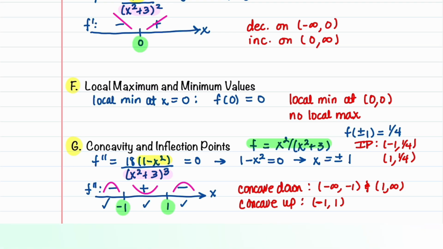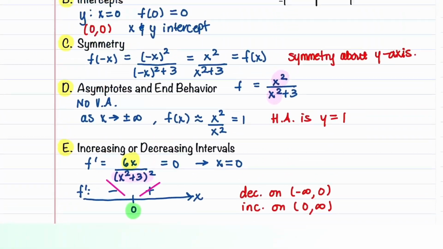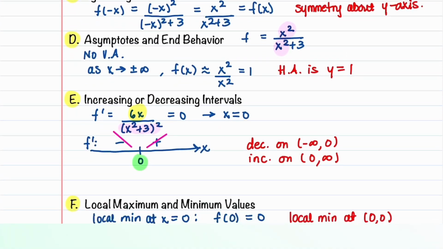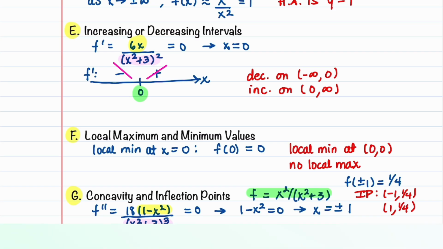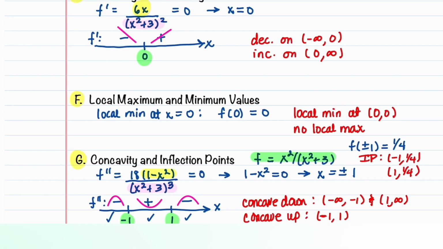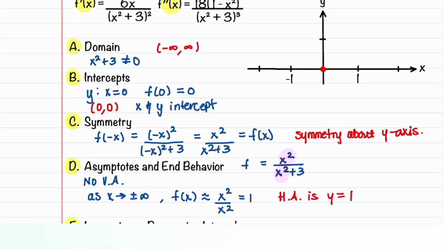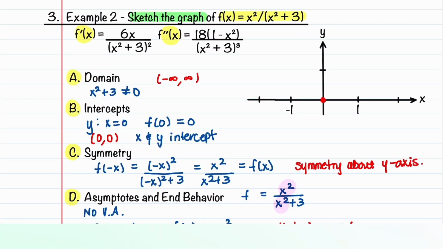Now let's go ahead and put all this information on our graph. I think the best place to start is by putting all the points that we calculated and put those on our graph. We found that we have an intercept here at the origin. We have a local min there, and then we have inflection points at minus 1, 1/4 and 1, 1/4.